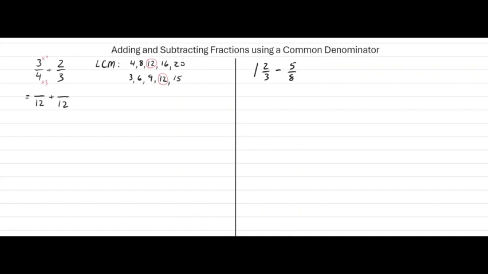So times 3 there as well. Similarly, what number times 3 would give me 12? That's 4. And again, we've got to do the same thing to the top. When I do the multiplication for the numerators, we have 3 times 3, which is 9, and 2 times 4, which is 8.